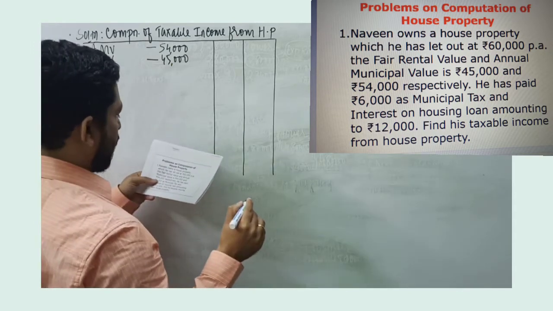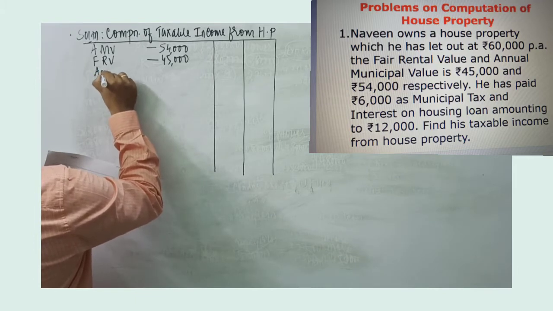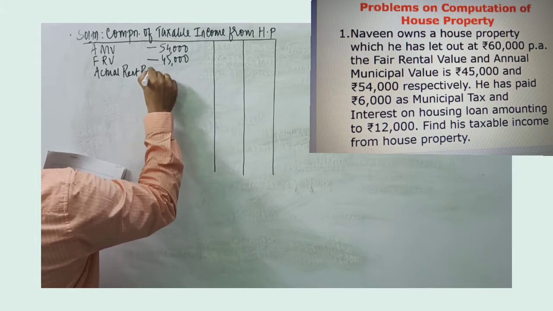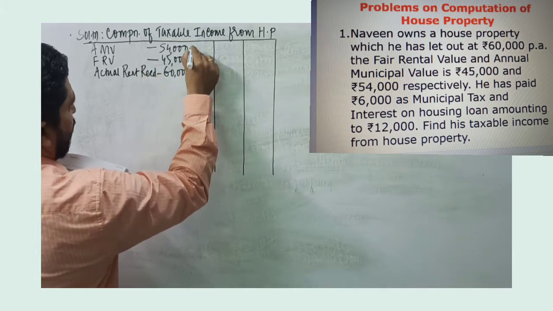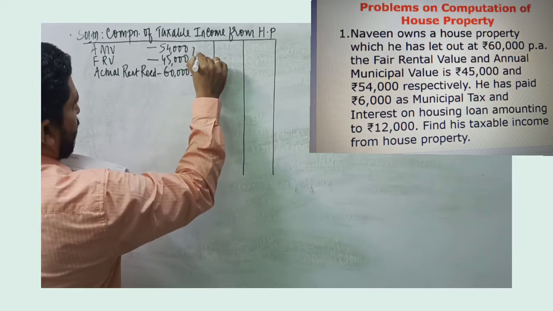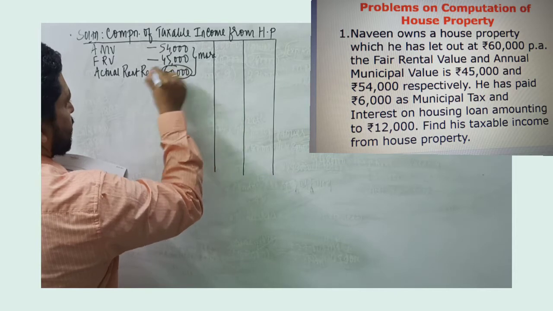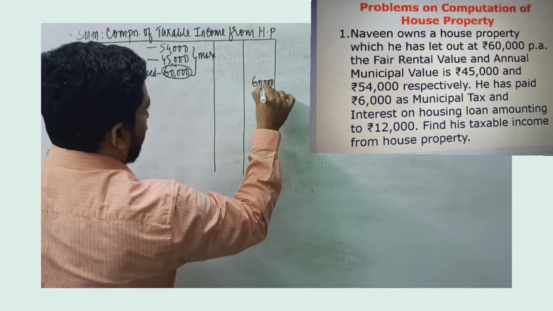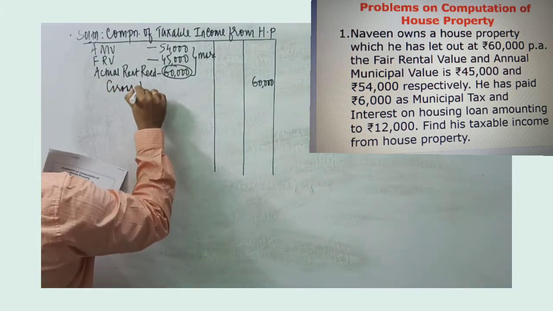It's given he has let out at 60,000 per annum, so this is actual rent received. And when standard rent is not given, whichever is more. So in this problem, 60,000. I record 60,000 here in the outer column, and this 60,000 will be taken as the gross annual value.